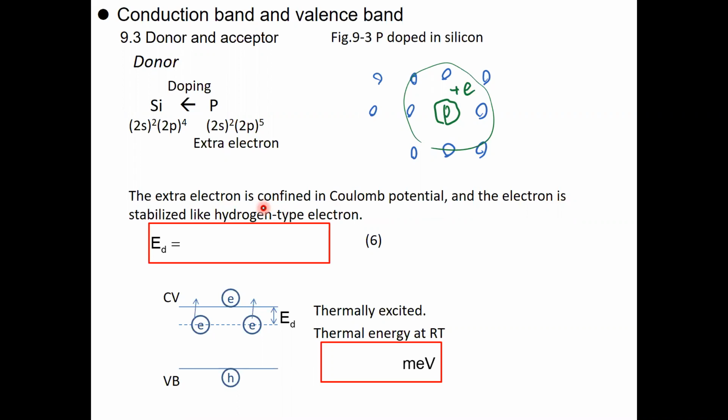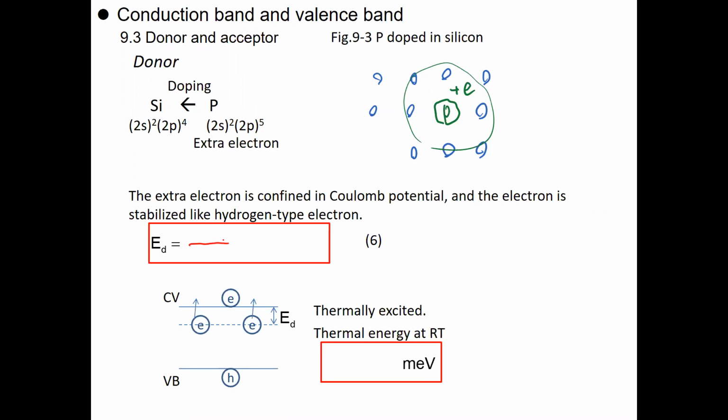So based on this hydrogen atom calculation, we can calculate how much this electron can be stabilized compared with other conduction band electrons, which can be calculated based on the electron energy level of hydrogen.